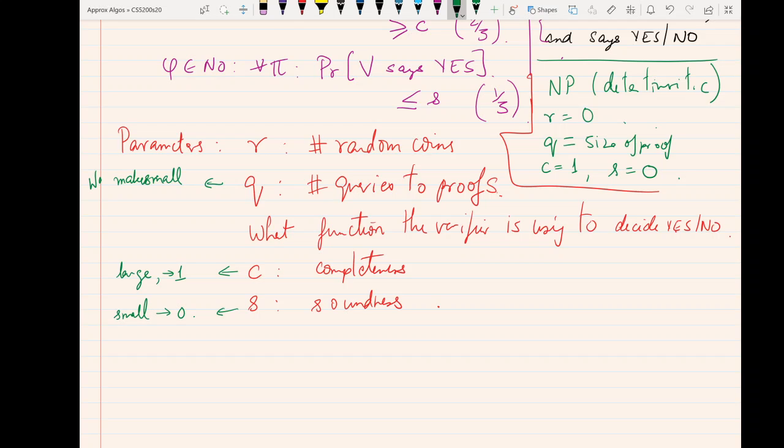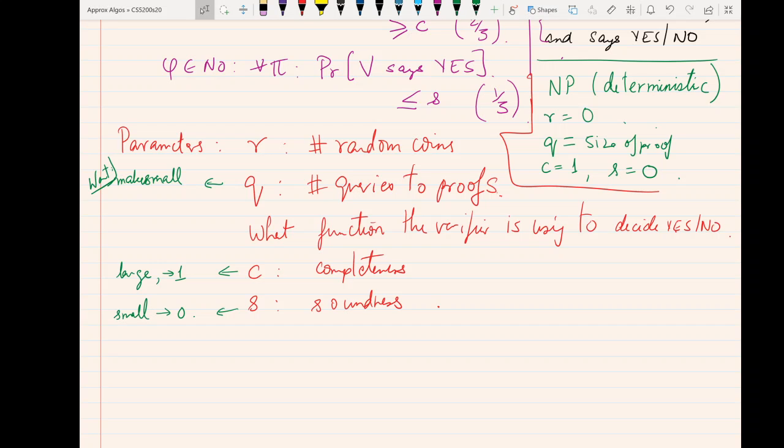And this is what we want. So if you manage to make Q small, manage to use few random coins, make C large and S small, you're in some sense intuitively getting to more and more efficient verifiers, who can query a small number of locations in the proof and decide with high probability whether the instance given is a yes or a no instance.